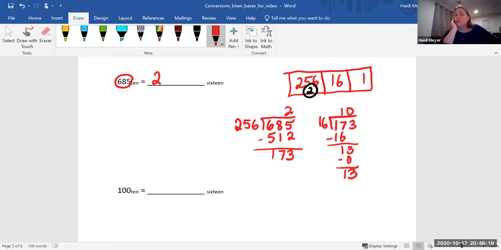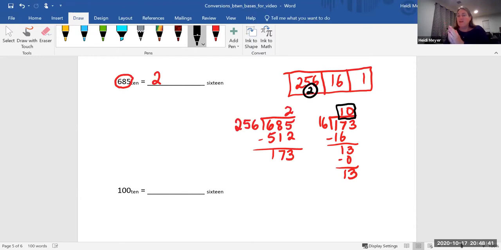Now that's actually kind of problematic because I can't have 2 digits in one place value. And this number up on the top is supposed to tell me how many groups of that next place that I have. It's 10. I can't stick 2 digits in one place.